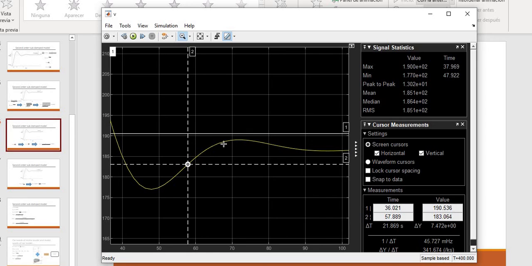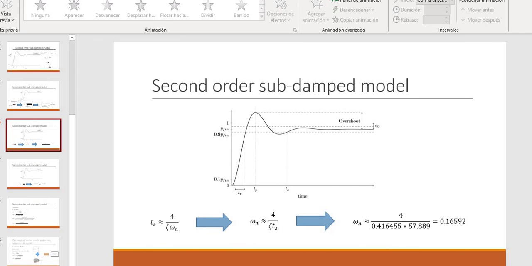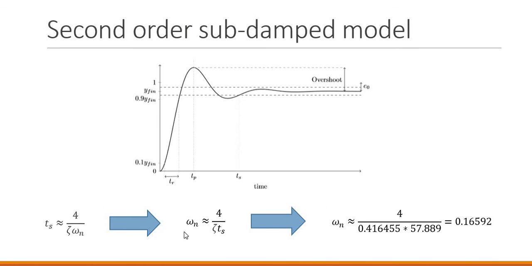You have to zoom in a lot to have a more accurate measurement, but I already did that and I obtained this time of 57.889. I substituted that into this equation, that is this equation solved for omega n, and obtained the value of natural frequency.